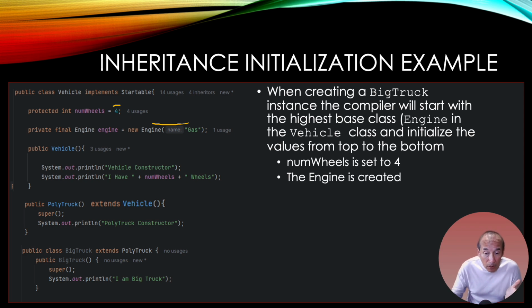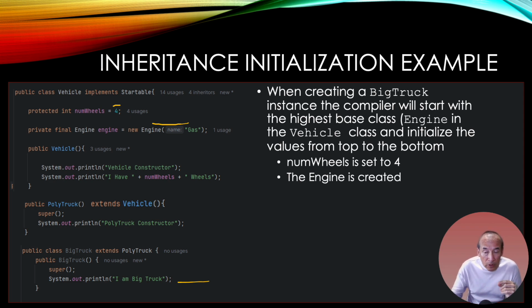After that, the polytruck goes next. It does what it needs to do. Finally, the big truck does what it needs to do in its constructor. So basically, top to bottom. Now, vehicle and polytruck could have more methods and more classes inside of them too. But basically, from top to bottom, that's how it's initialized.